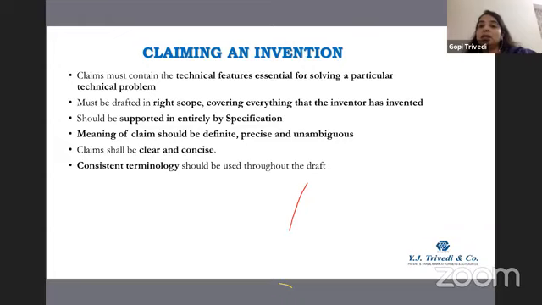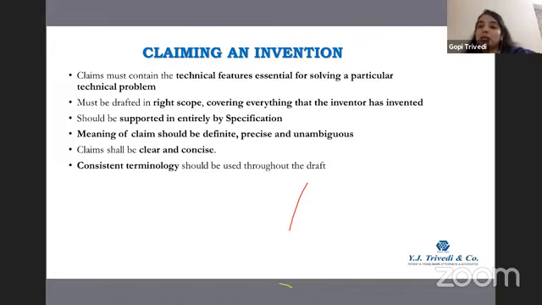The last and most important legal aspect of the specification is claiming an invention. So the claim has to be drafted properly. It's a techno-legal segment. It defines the scope of the invention. But what is required is that you have to be really clear and concise. You have to be definite and precise, and it must be supported by the specification.